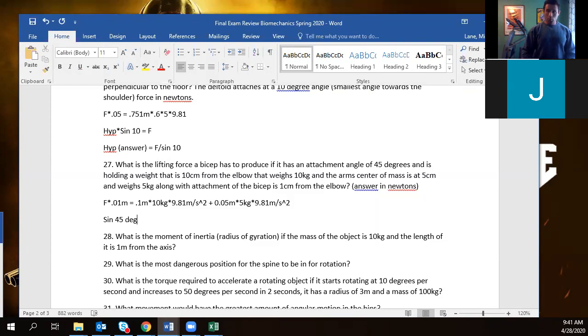So we're going to actually have the F from before, F divided by the sine of 45 degrees can equal the biceps pulling force. Does that make sense? Yeah, thank you. Anytime.